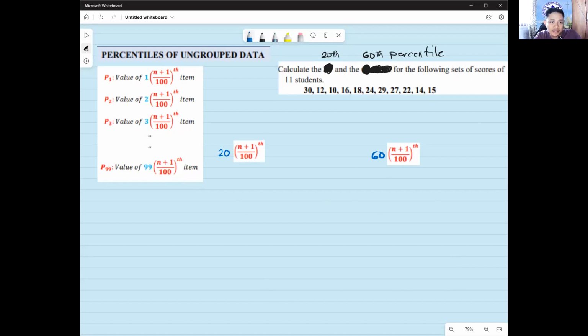So therefore, when we sort it out, the first one will be 10, followed by 12, followed by 14, followed by 15, followed by 16, 18, 22, 24, 27, 29, and 30.